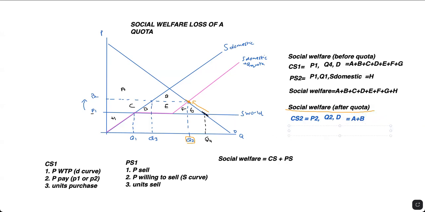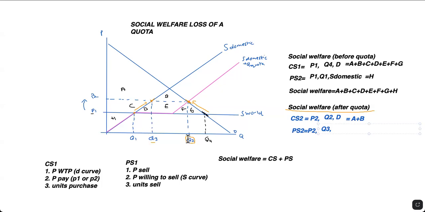And for the producers, they are selling at P2. The domestic producers used to be selling Q1, but now this is where the domestic supply curve is able to produce at P2, which is Q3. So they are able to sell Q3.